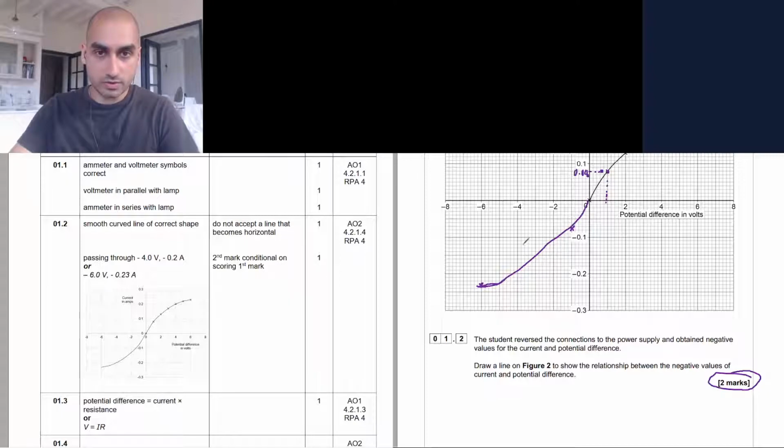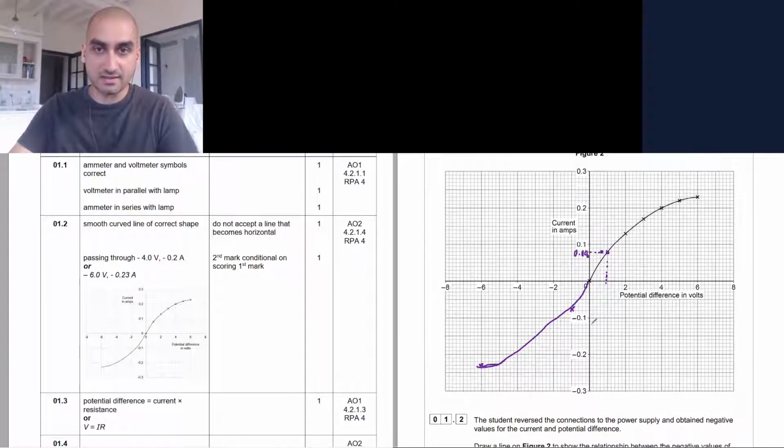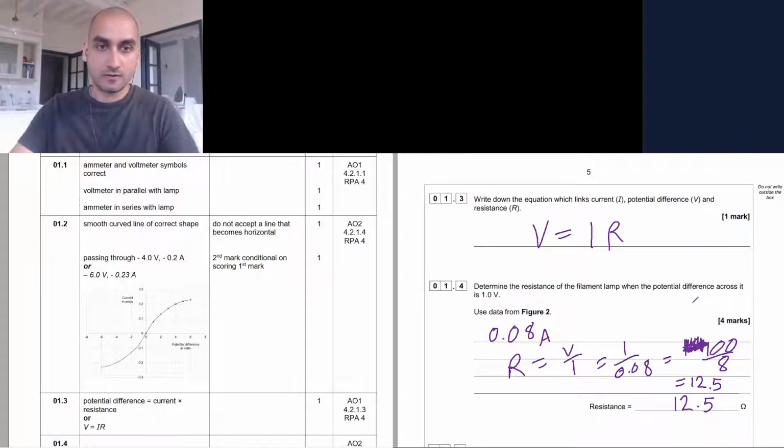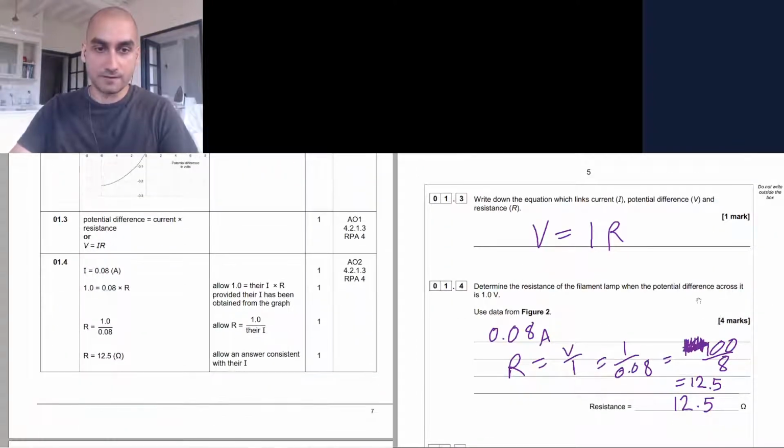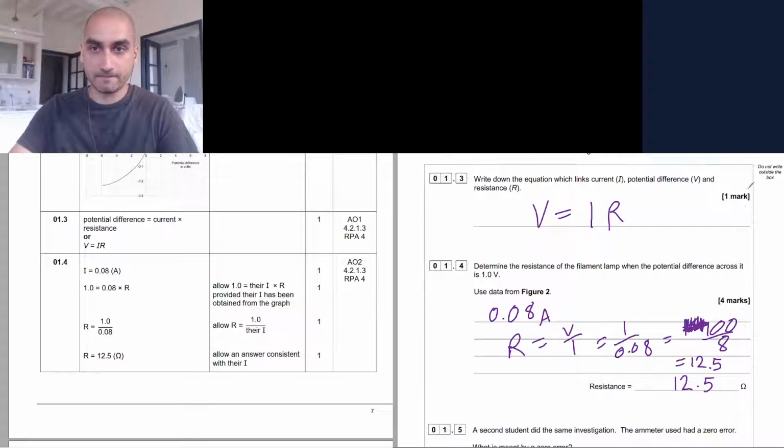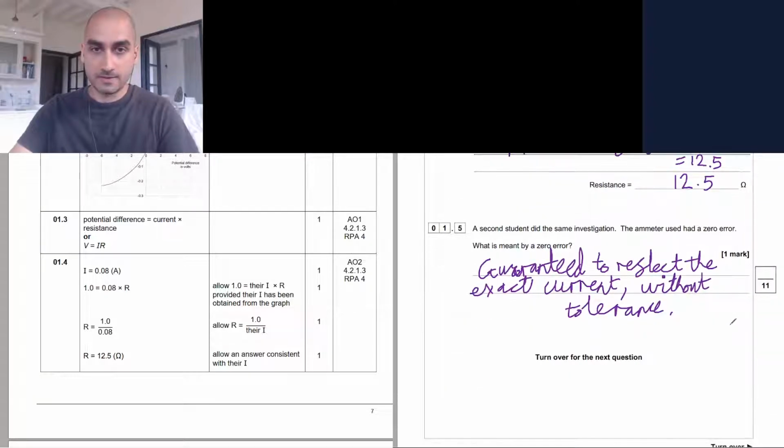Yeah, it does. It's just slightly off, but I did say if I had a piece of paper, I would be able to do it smoothly and copy all those points. Yep, that's fine. Question 3, B equals IR, then 12.5. Yep, 4 marks, nice.